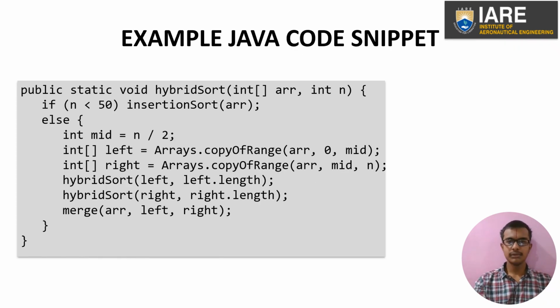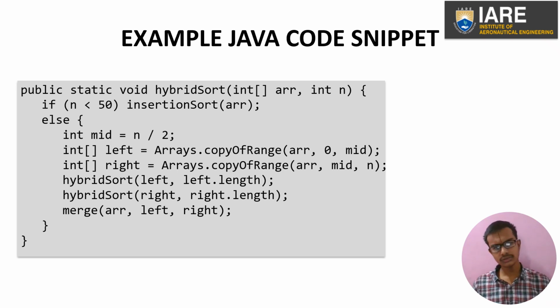Let's go through an example Java code snippet. First of all, we are creating a method hybridSort. The arguments are an int array arr, and an integer n. If n is lesser than 50, insertionSort(arr).